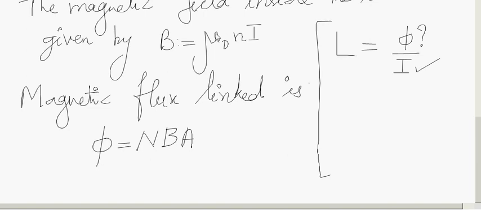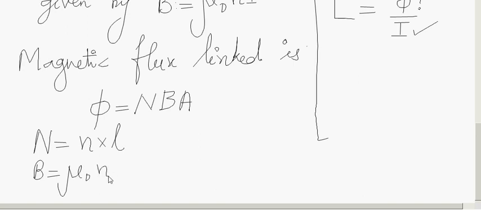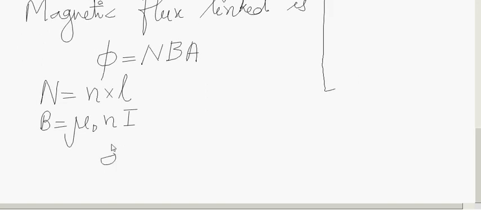Now substitute this B from this equation. And what is N? Capital N is the total number of turns in the solenoid, that is number of turns per unit length multiplied by L. And B we have as mu naught n I. So this equation can be written as phi is equal to, now substitute these quantities.